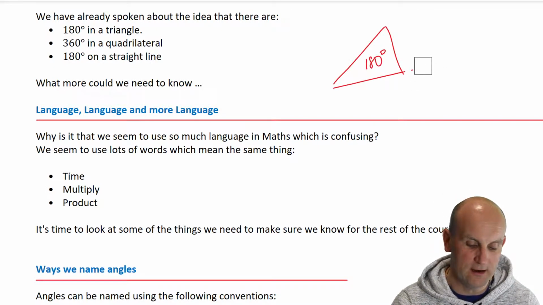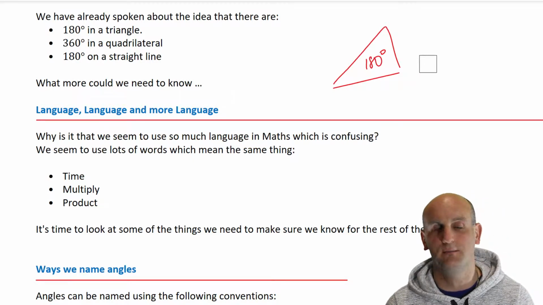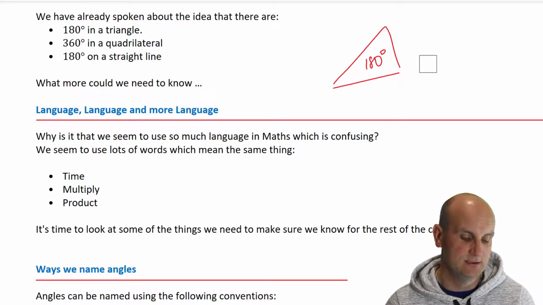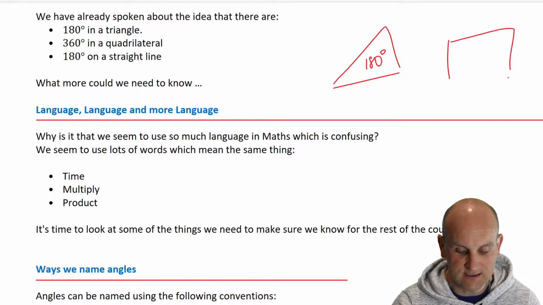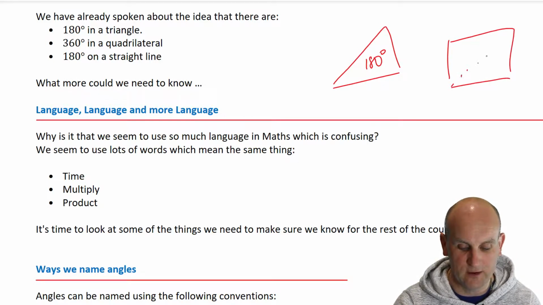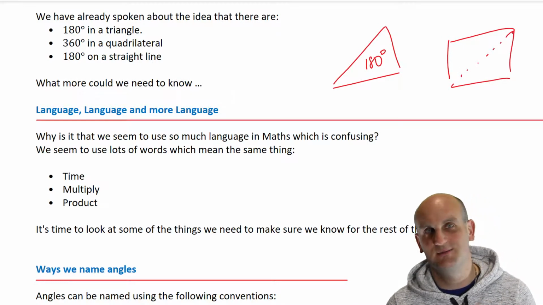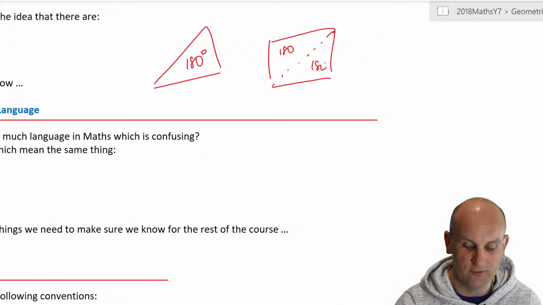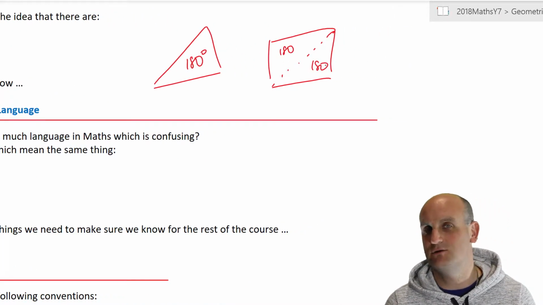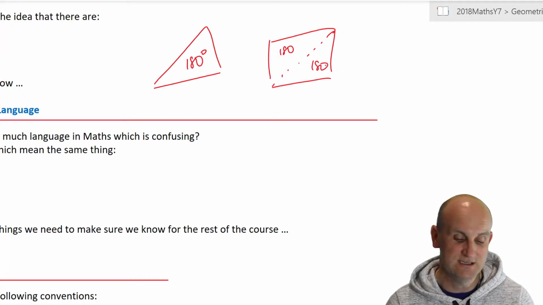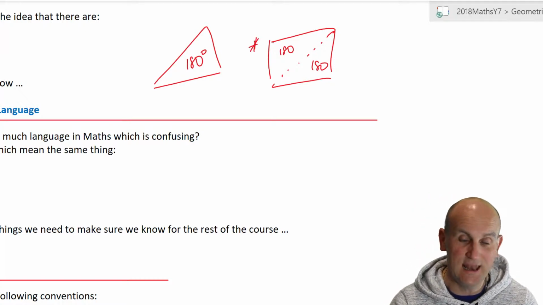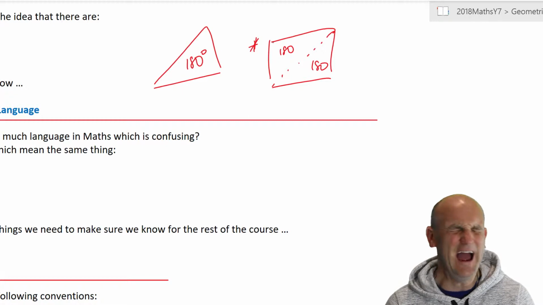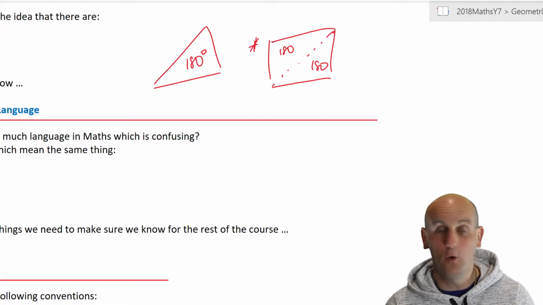There are a number of different names for triangles, but it doesn't matter: 180 degrees in a triangle. There's 360 degrees in a quadrilateral, which we can split up into 2 triangles. If each triangle has 180, then in total the angles inside must be 360 degrees. And this can actually apply to all polygons.